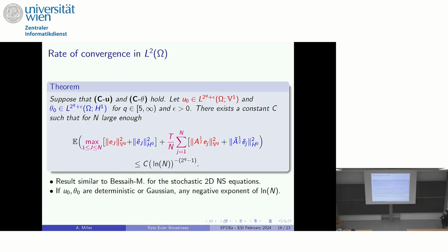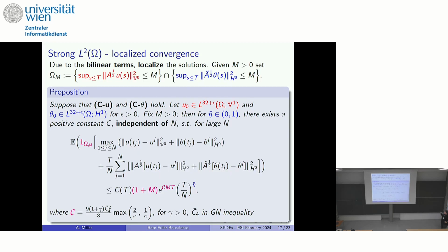This is similar to what we obtained for the stochastic Navier-Stokes equation in the multiplicative case, and again, it's kind of a ridiculous result because you get any negative exponent of logarithm, which means that you are missing something.